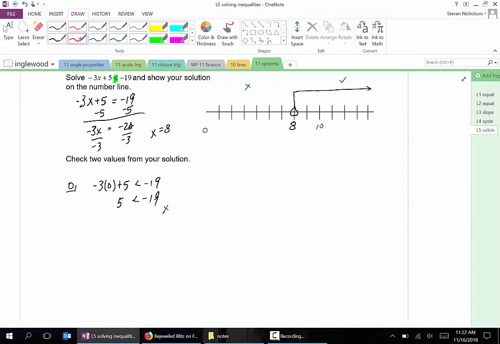So looking at my picture now, I can go ahead and simply answer the question using math, not pictures. And there it is right there. X on the left, arrow pointing to the right, and not including 8. X is greater than 8. Any number greater than 8 will make that inequality true.